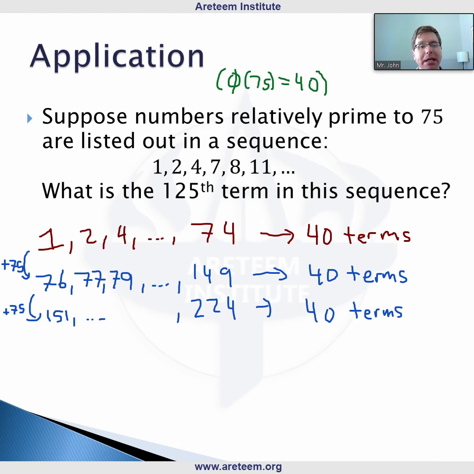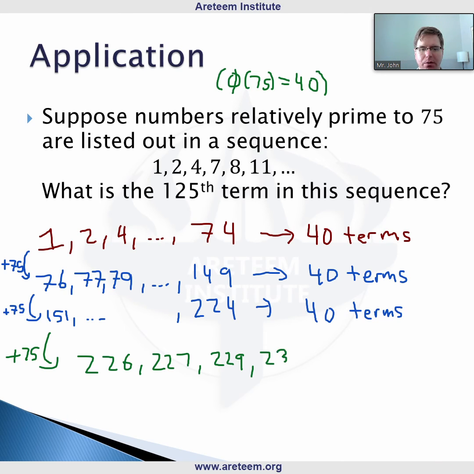But wait a second, we can still get these 5 additional terms by adding 75 to the previous ones. Or if you like, we're adding 225 to the beginning of our sequence. So the 121st term is going to be 226. The 122nd term is 227. So we're taking our original sequence and making it bigger, adding these numbers to it as well.